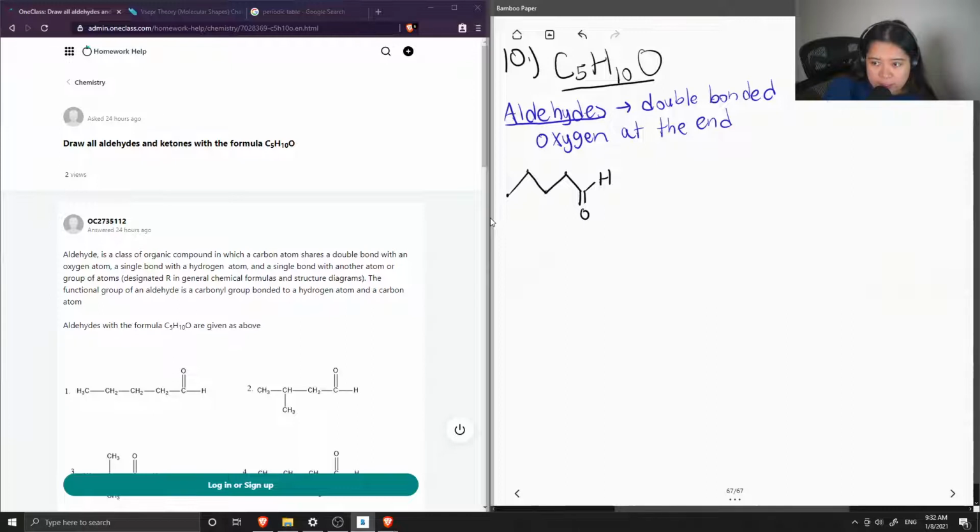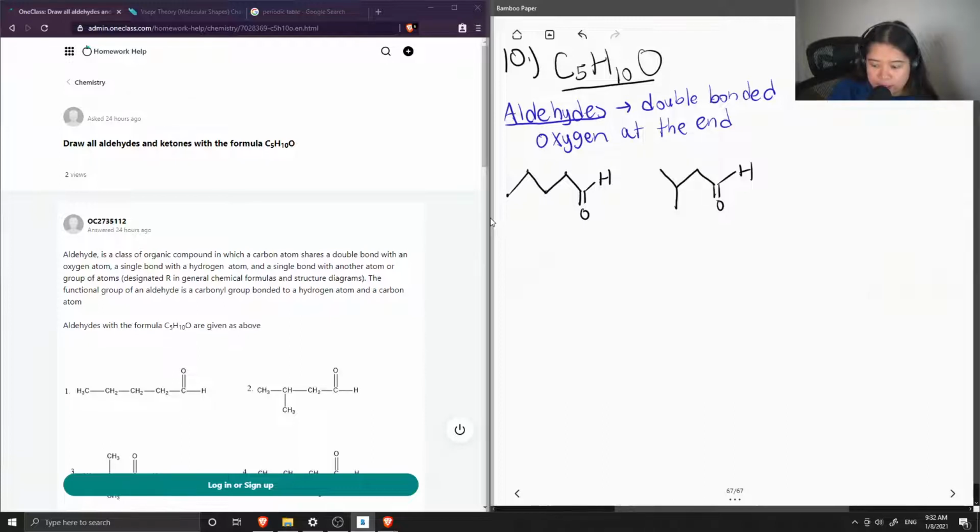So now we just experiment with all the different types of structures that you could get. So let's say we had a 4-carbon chain with the aldehyde at the end and a methyl group right here. This is also C5H10O.